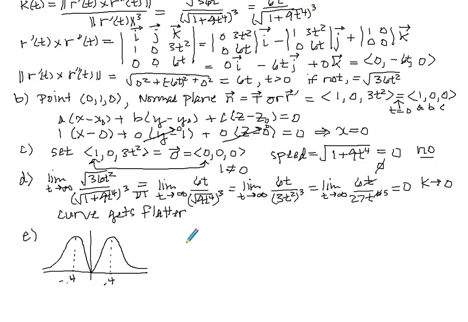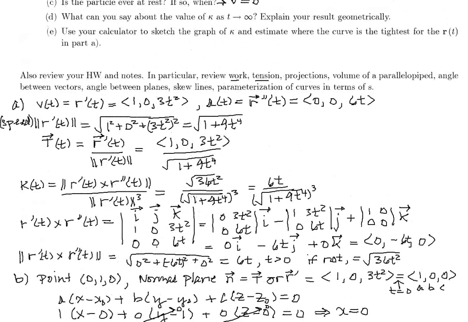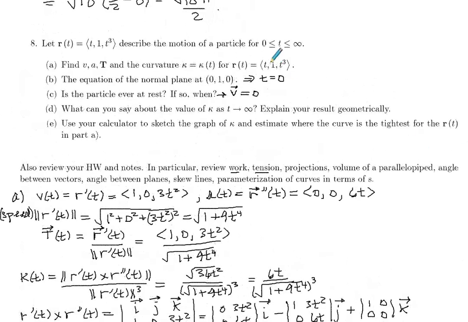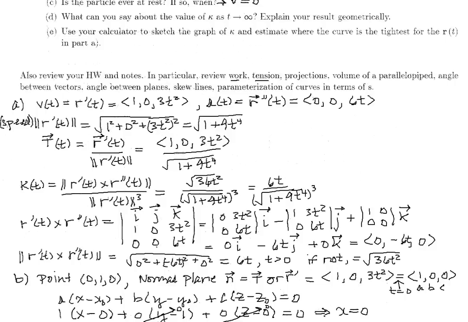And then you can just plug those values into the equation of r of t and get the points. So if t equals 0.4, then r of 0.4 is approximately t in the first coordinate, so 0.4, then 1 in the second coordinate, and in the third coordinate, t cubed.